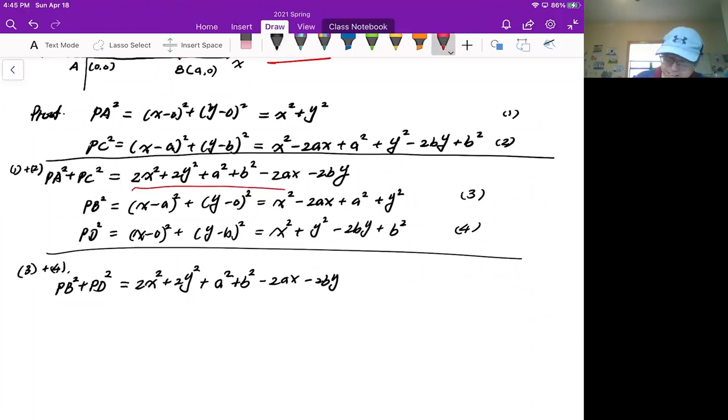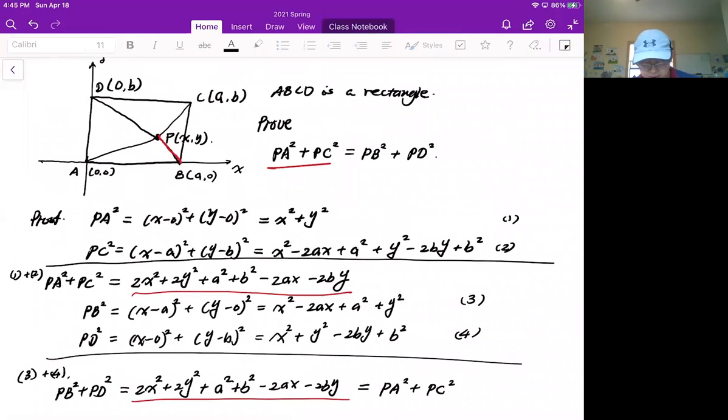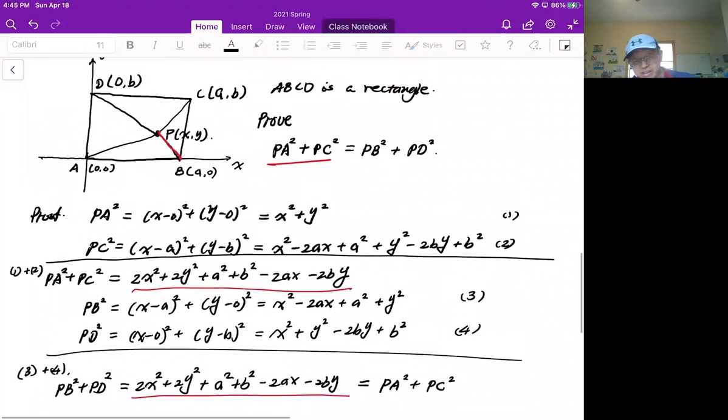The first line is here, the second line is here. Are they exactly the same? Yes, they are exactly the same, right? And therefore, this is equal to the PA squared and the PC squared, right? Is that nice? So this is a very nice proof by analytic geometry, right?